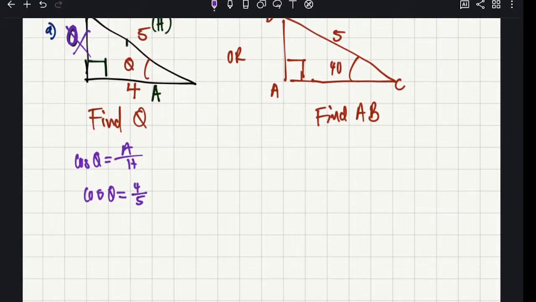Now you need to get theta. To get theta, cos goes to the other side. Have you seen? Cos inverse of 4 over 5. Cos goes to the other side to become cos inverse.